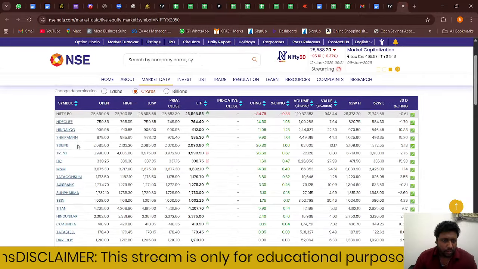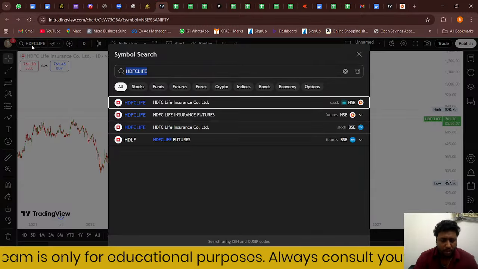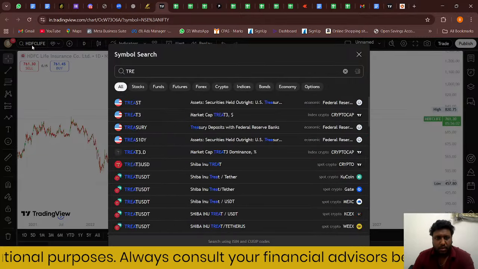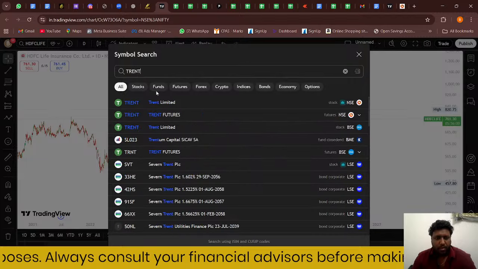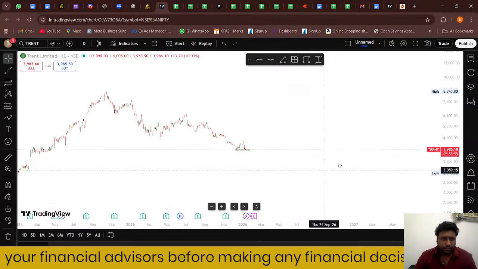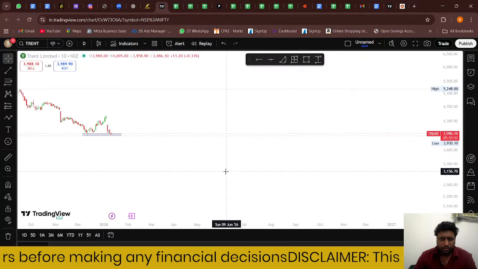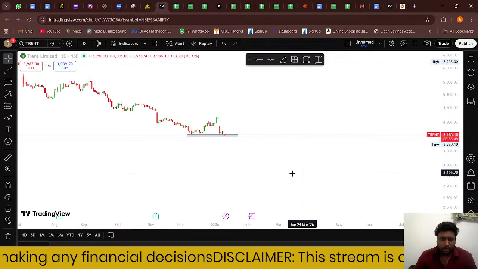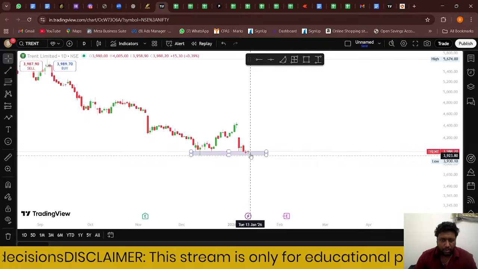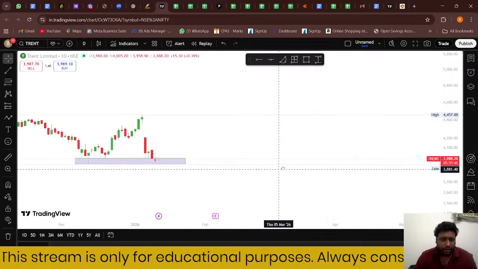The other one, Hindalco trend, we'll have a look at trend. Support after a huge gap-down dropout. It is on support. If it is reversing from this level, we'll trade trend also.